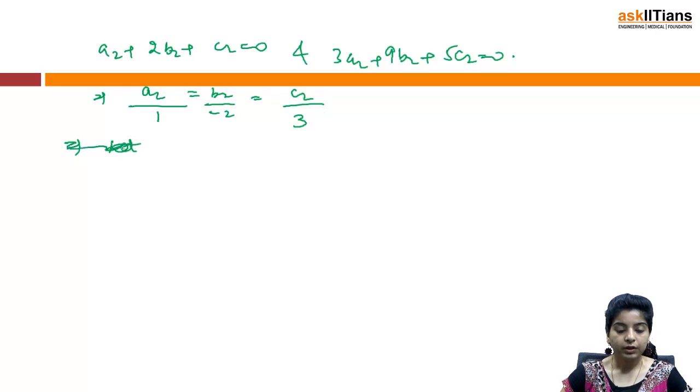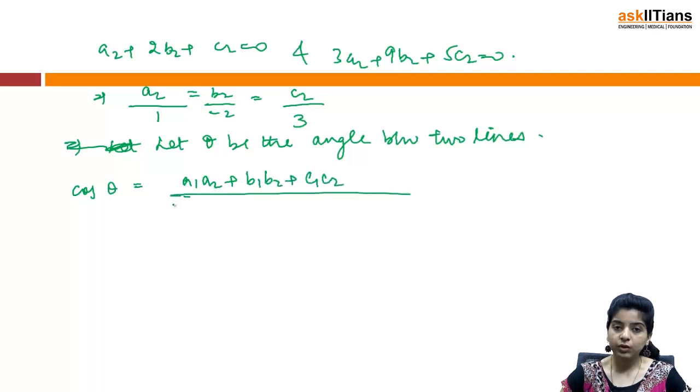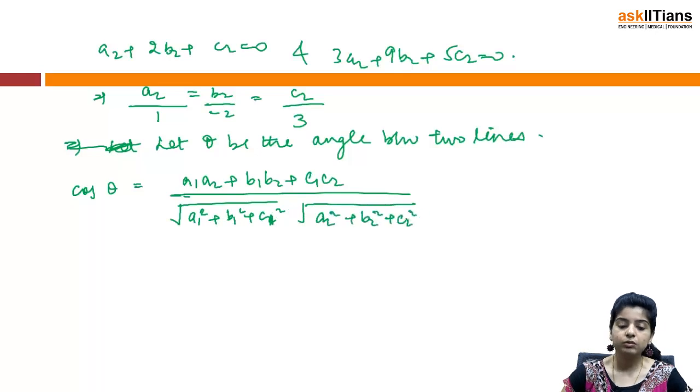Now, let theta be the angle between the two lines. If you remember, we have discussed the formula: cos theta is a1 a2 plus b1 b2 plus c1 c2 divided by under root a1 square plus b1 square plus c1 square, and under root a2 square plus b2 square plus c2 square.